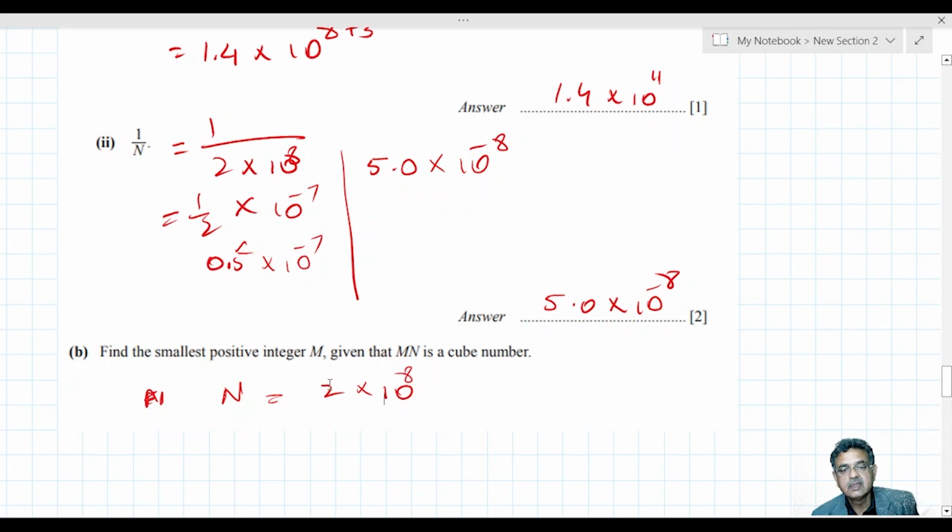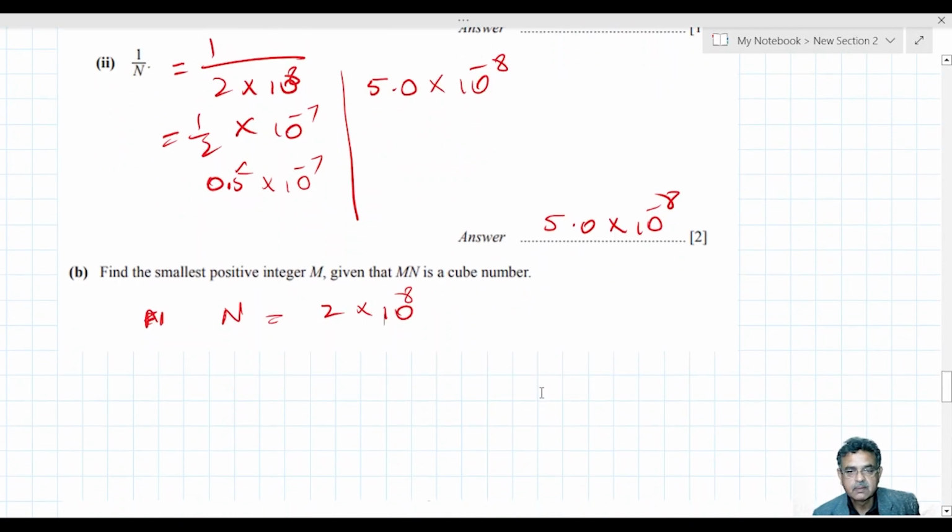Power indices should be multiples of 3, because whenever there is cube of a number, indices are multiples of 3 or 6 or 9 or this way. So what should be multiplied by this number, that n is equal to 2 into 10 to the power 8, multiplied by index of this one is 1. How many more digits in index are required to make it multiple of 3? Minimum, that is 2. So it will be 2 cube.